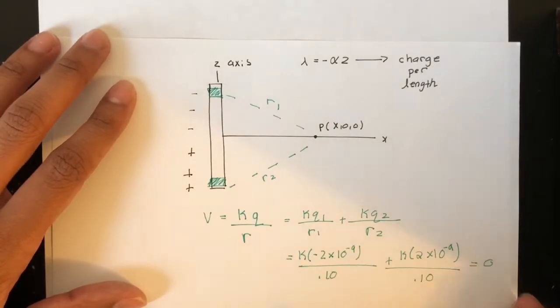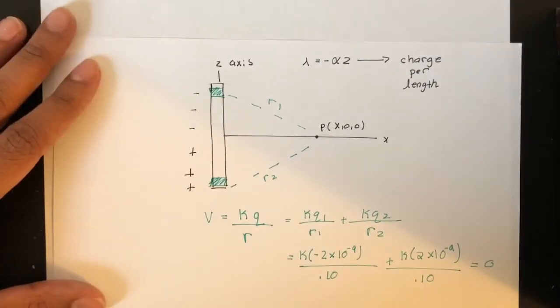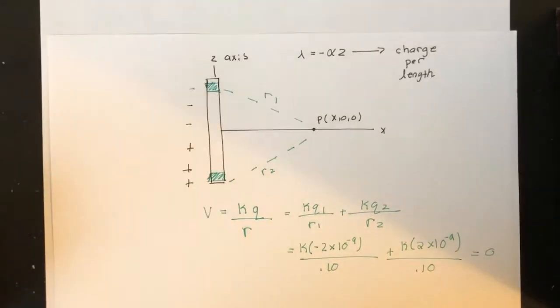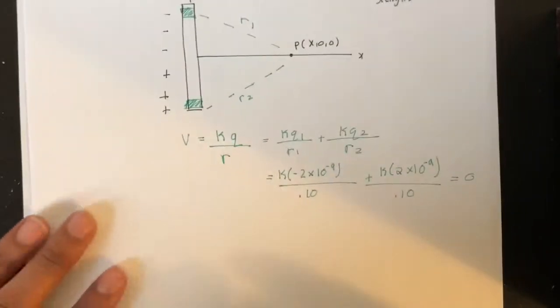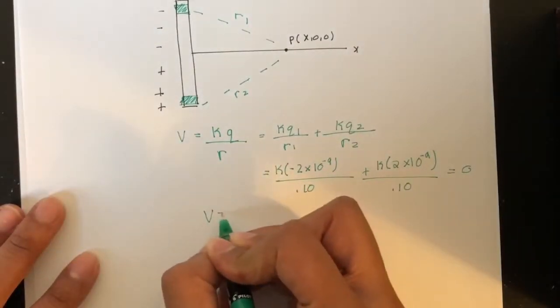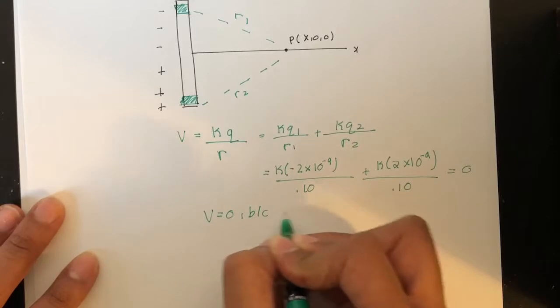So we'll see later on. I'll show how certain directions would equal 0, but there would be a value for other directions because electric field is a vector quantity. So I'll explain that now. So let's just write it out that V equals 0 because of symmetry.